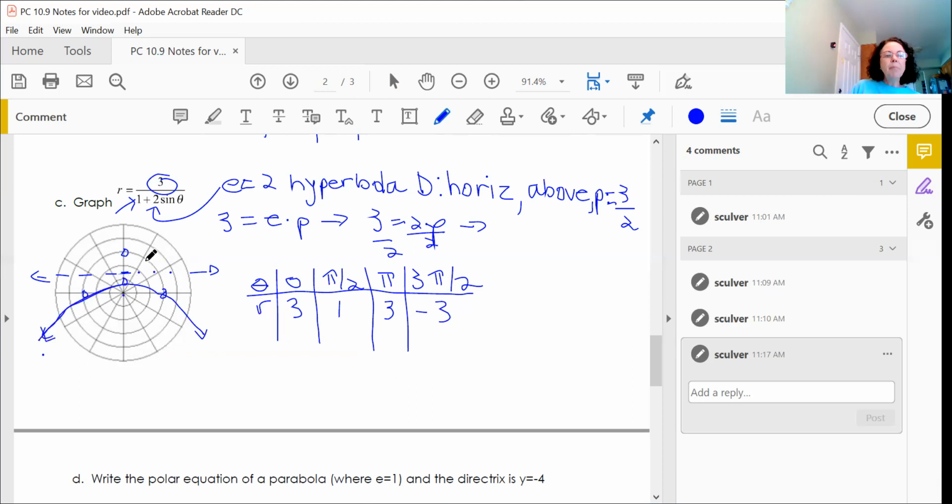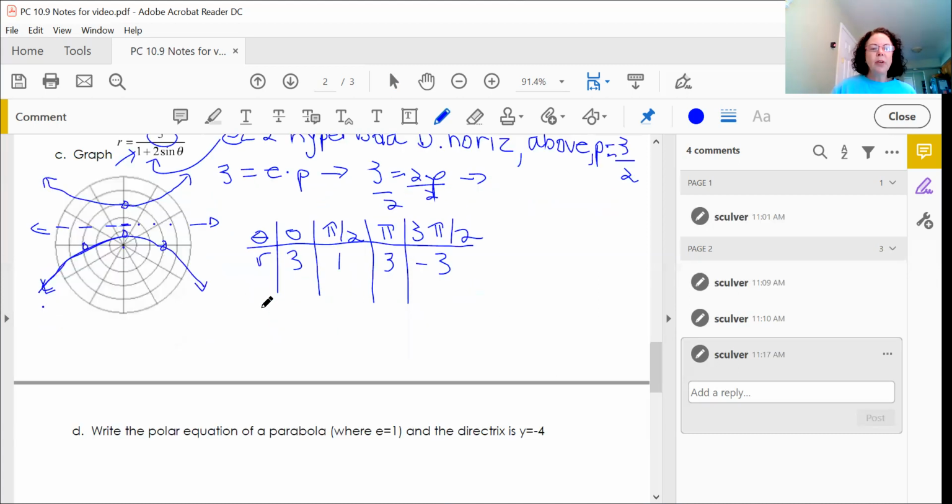Now, above, you could use pi over 3 or 2 pi over 3 to get more points above the directrix, because you only have 1 point, which is a vertex. But we also know, due to symmetry with the directrix, that the branch above is symmetric over the directrix to the branch below. So you don't really need more points. All right, let's go on.